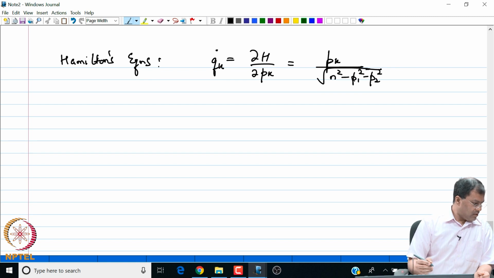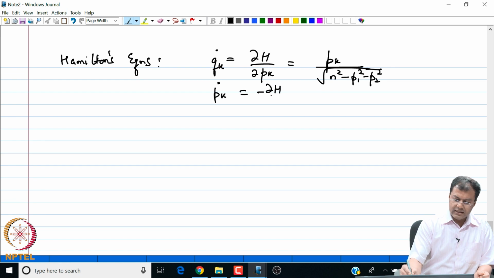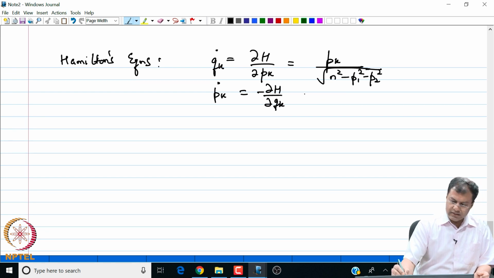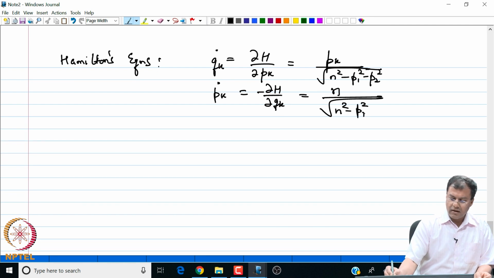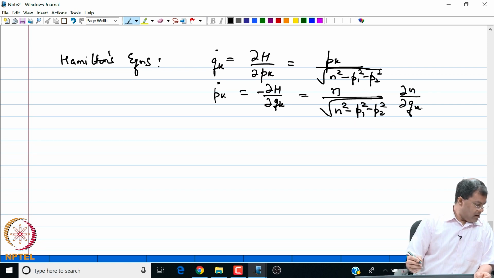Okay, so this is a 2D problem, a 2 dependent variable problem, and my variable pk dot is equal to minus del h del qk, which after substituting we get the following relation: square root of n square minus p1 square minus p2 square times del n del qk.